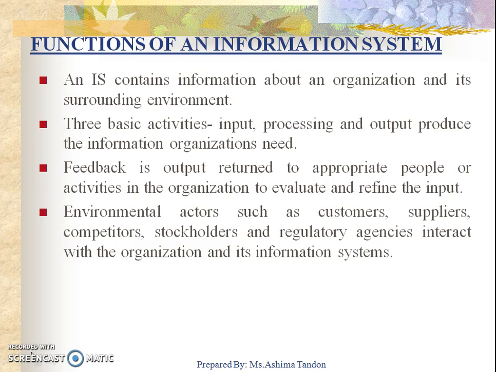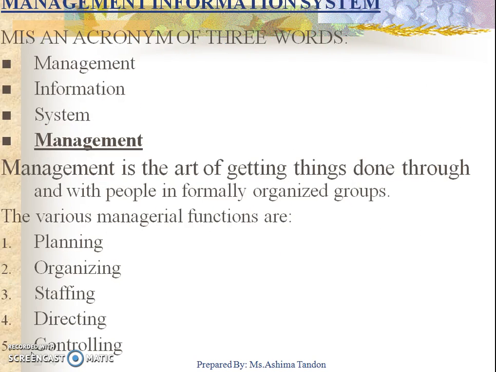Now, as we've understood the concept of information system, I would like to introduce to you the concept of management information system. Management Information System, commonly known as MIS, is an acronym of three words: Management, Information, and System.